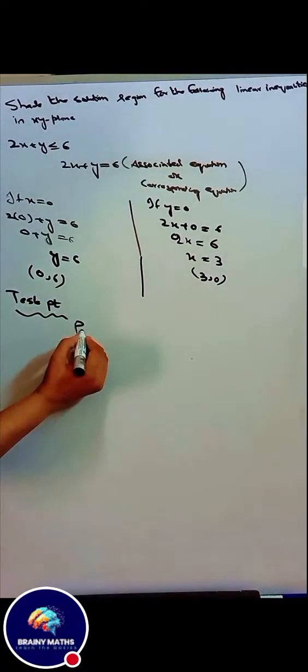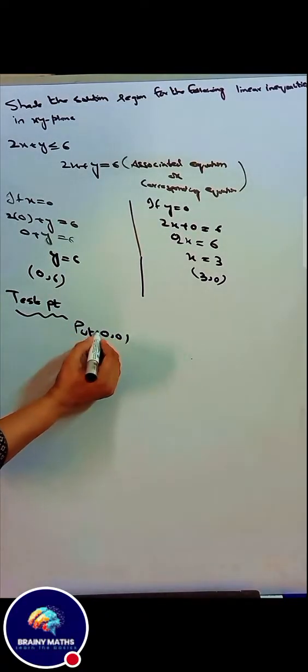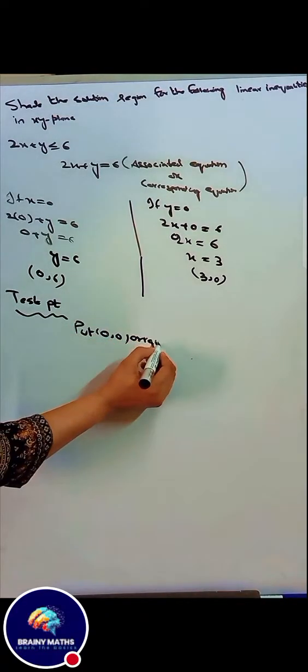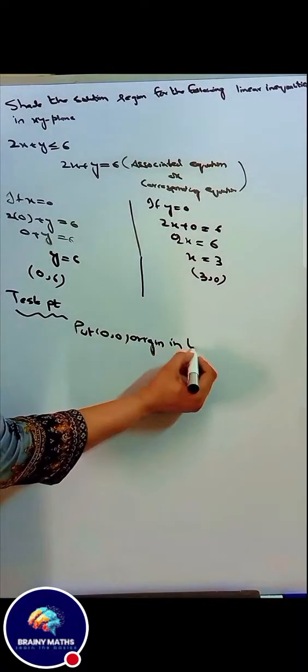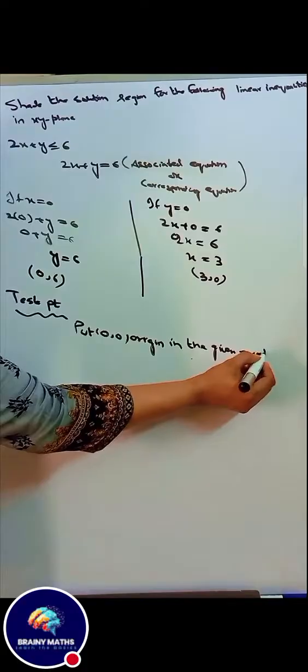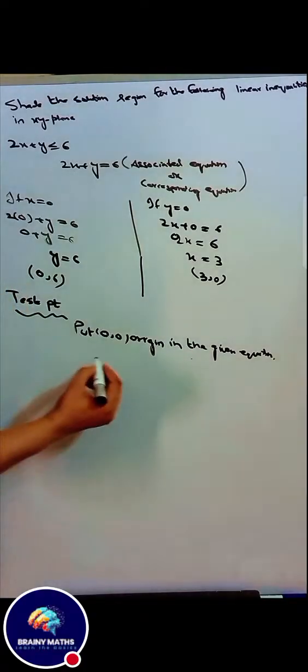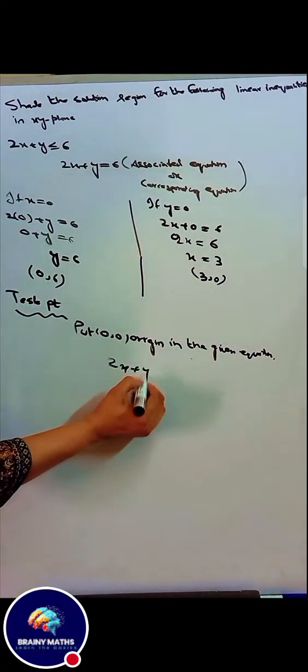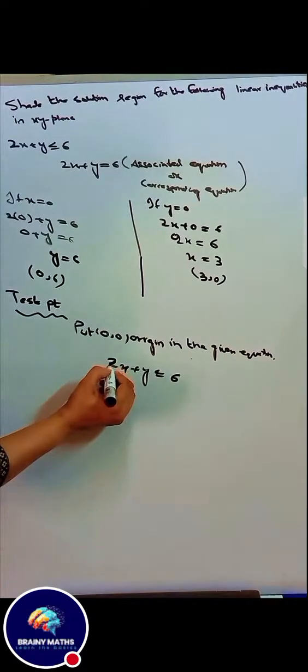Alright, now put 0, 0, the origin, in the given equation. And what was given? The original inequality: 2x plus y less than or equal to 6.